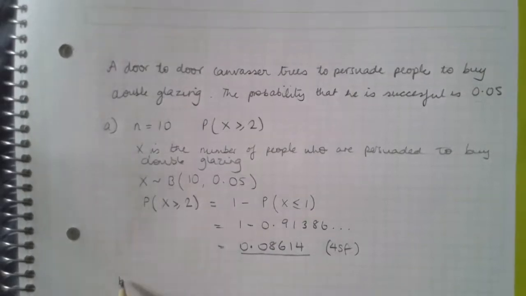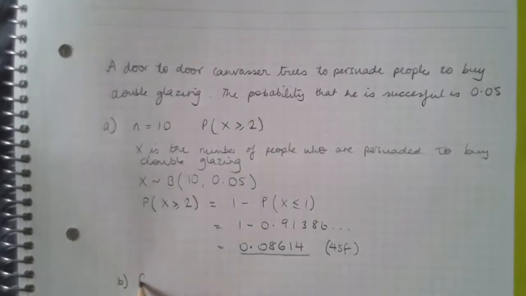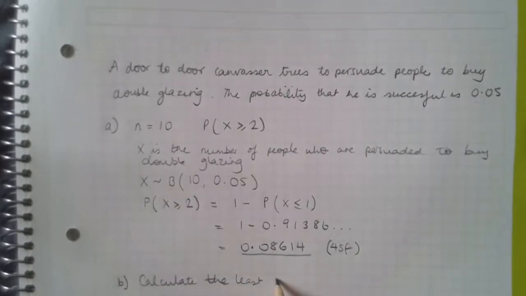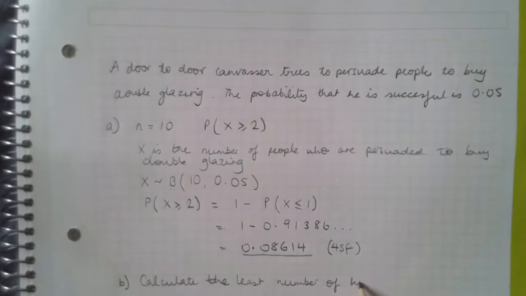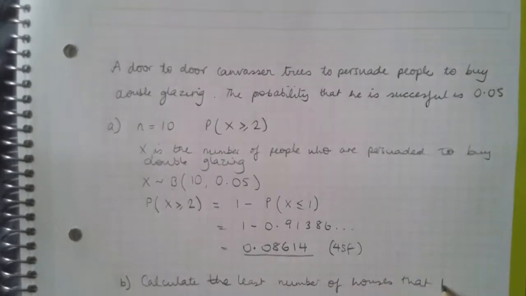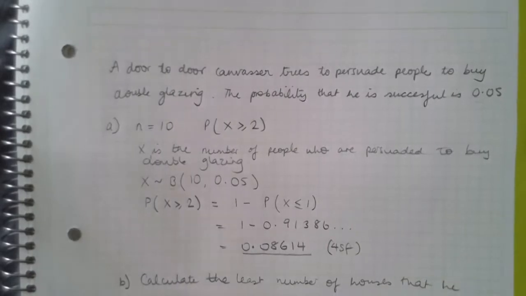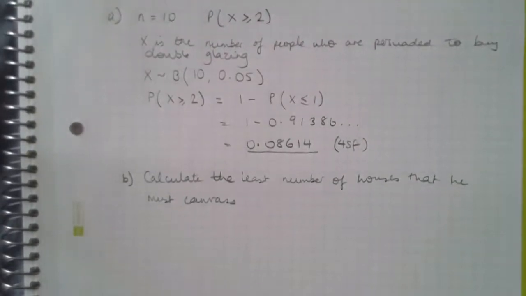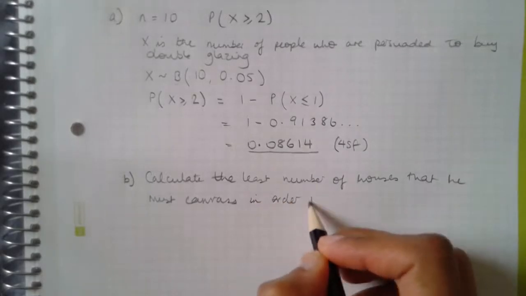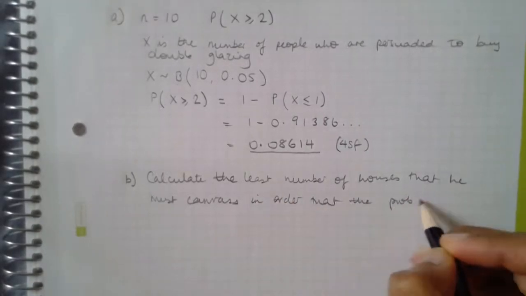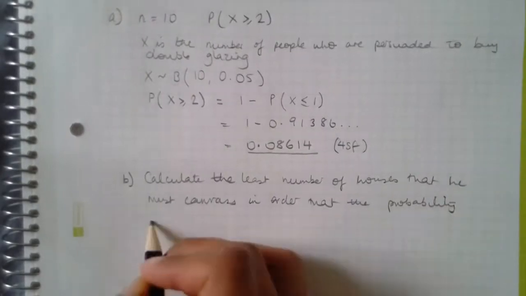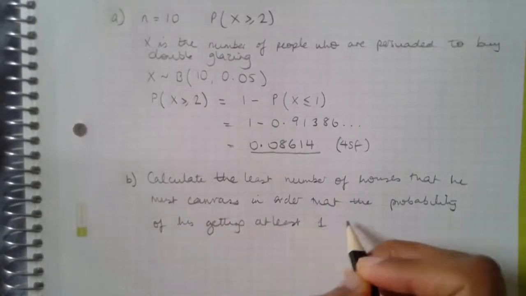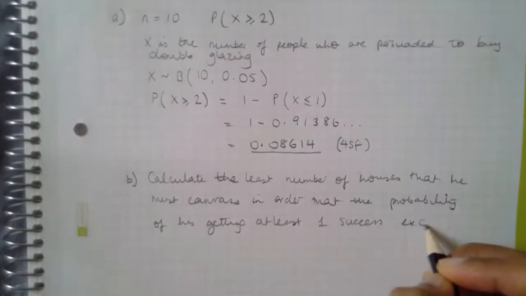Part B says: calculate the least number of houses that he must canvass in order that the probability of his getting at least 1 success exceeds 0.99.